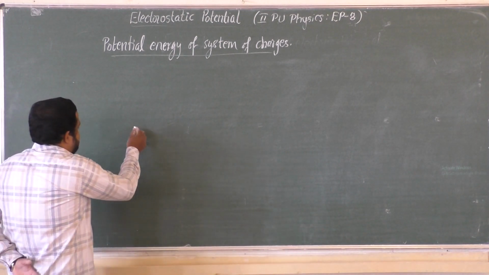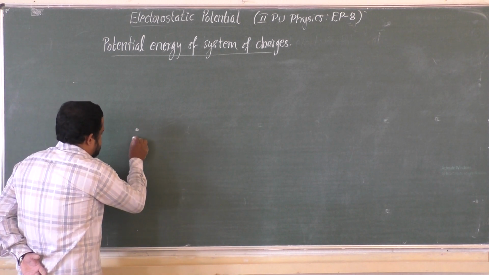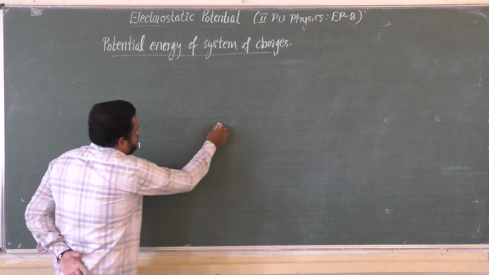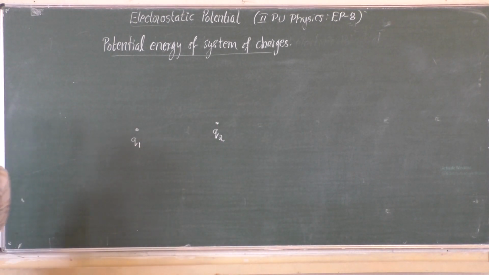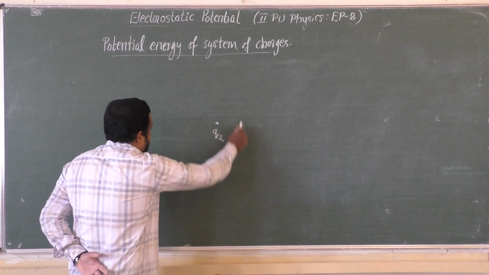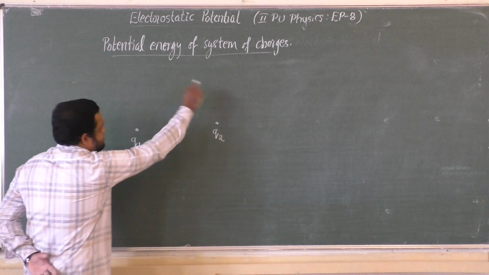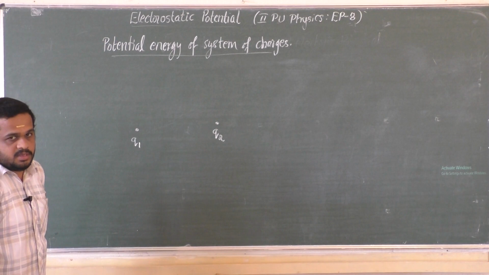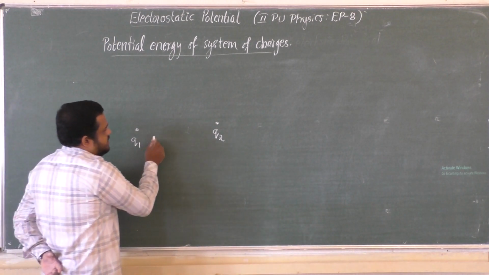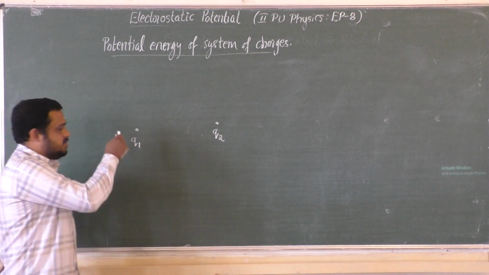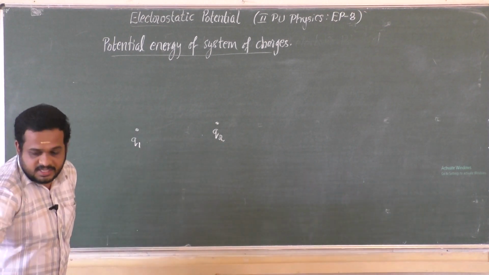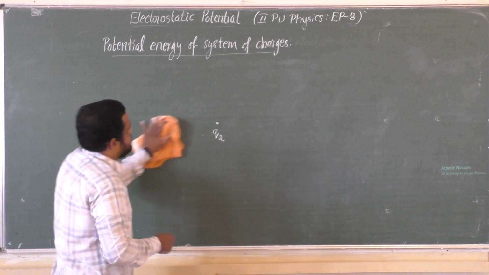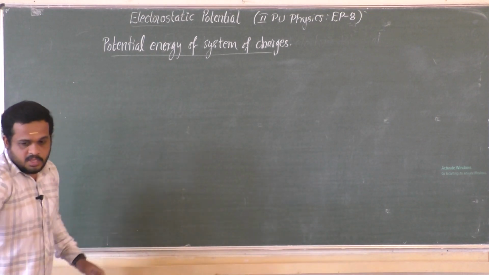Now, let us consider the case of two charges. Let Q1 and Q2 be the two charges forming a system of charges. Now, what is the electrostatic potential energy of this system of charges? What is the expression for electric potential energy of this system of charges that we are going to derive here? Okay. Now, first of all, let us consider the definition of potential energy of system of charges.